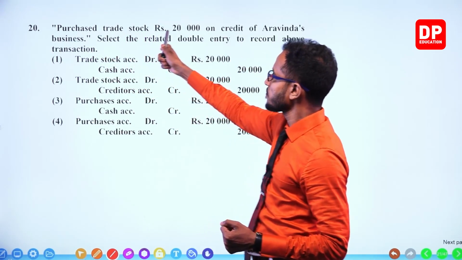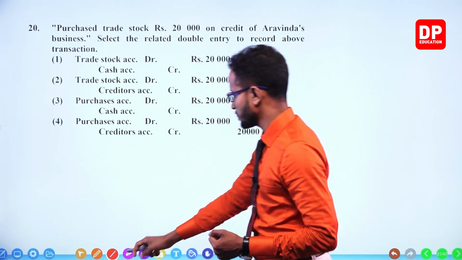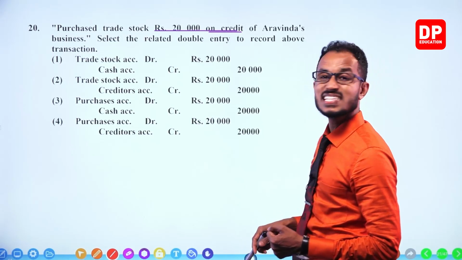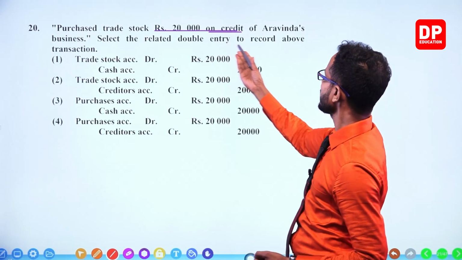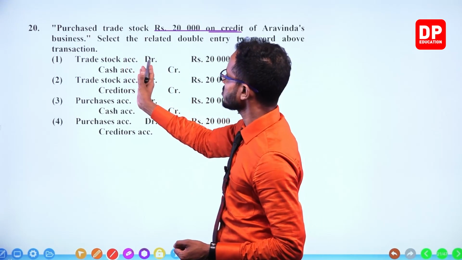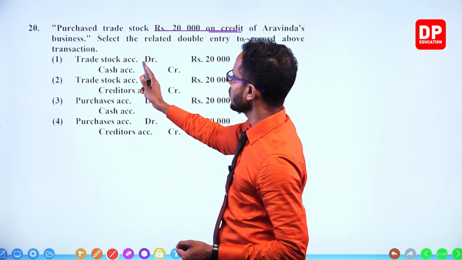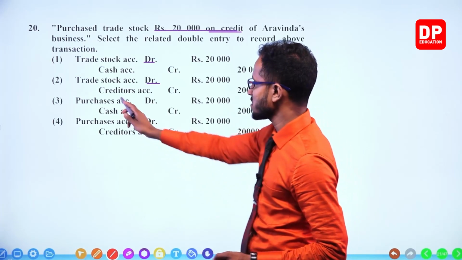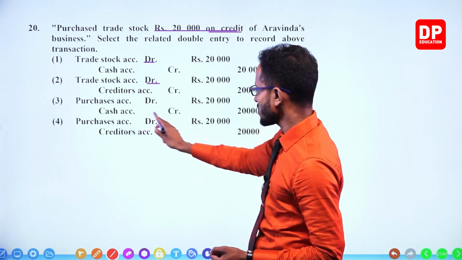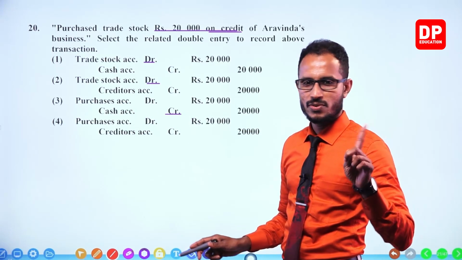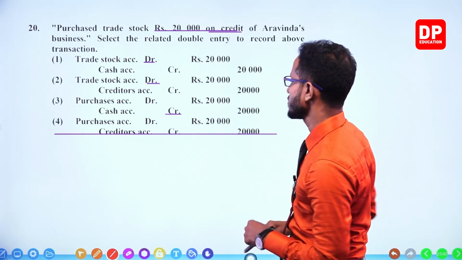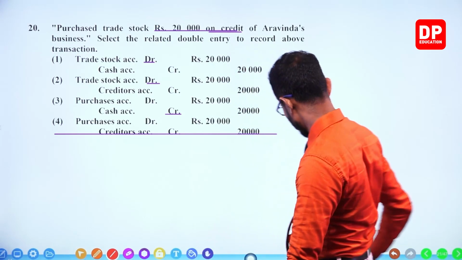Purchases debit, creditor's credit. Trade stock debit, no. Purchases debit, cash credit, no. Purchases debit, creditor's credit. Yes, that is the answer.